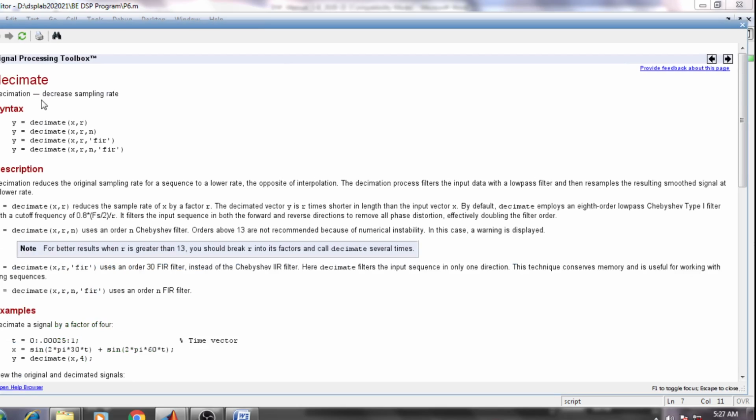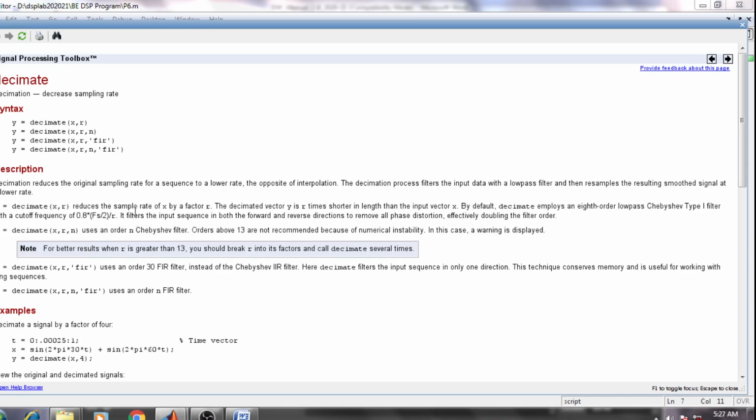Decimation means decreasing the sampling rate. Whatever sampling rate we have to decrease will depend on the parameters, so x and r are compulsorily necessary to define.